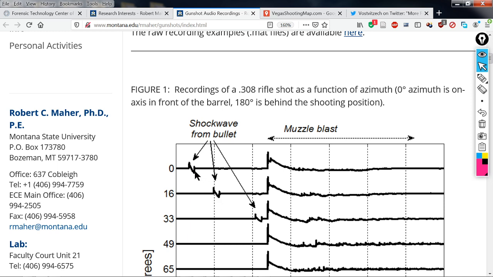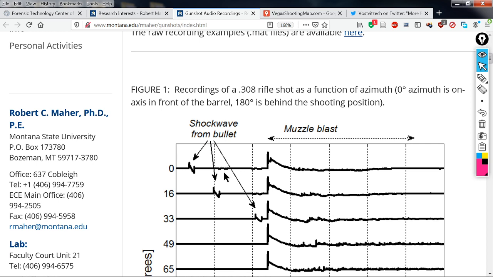But the important thing to note here is that as you increase the angle, the distance between the arrival of the shock wave and the arrival of the muzzle blast diminishes. The shock wave always arrives first and can't arrive after the muzzle blast, as long as it's supersonic.